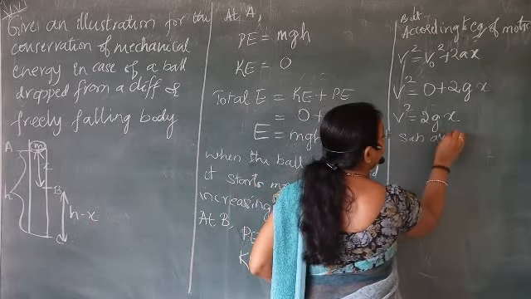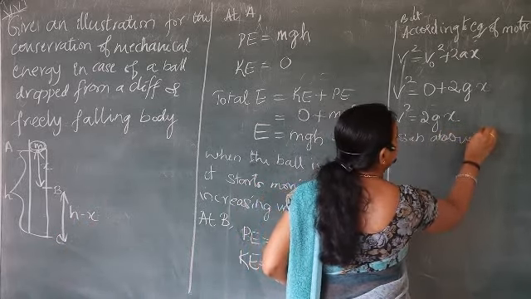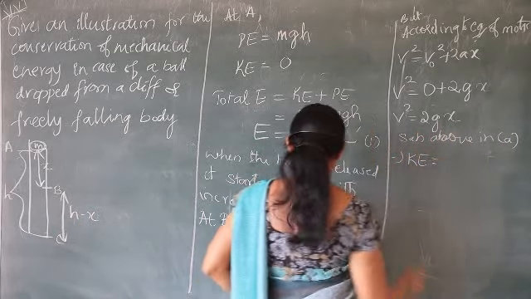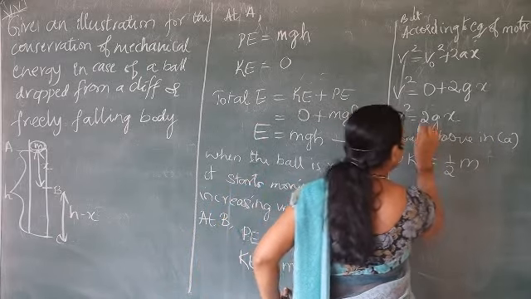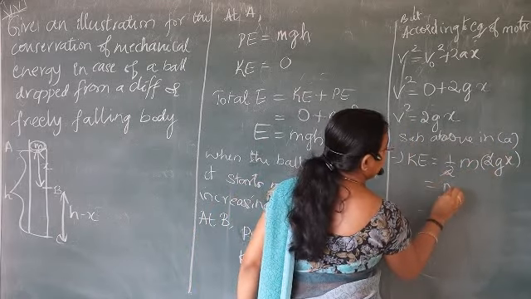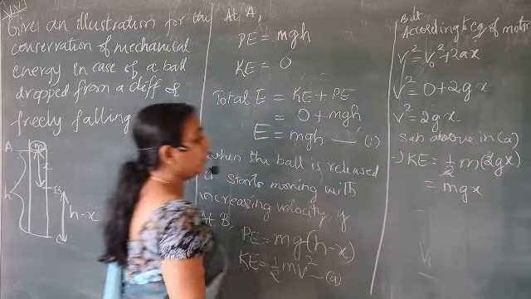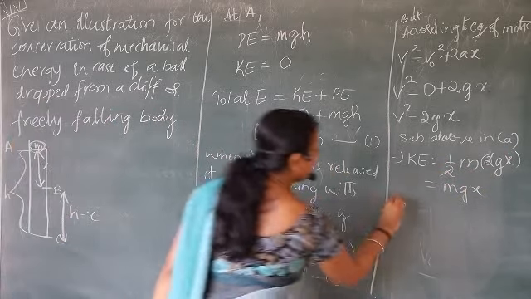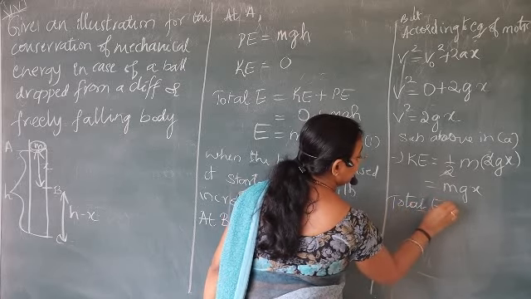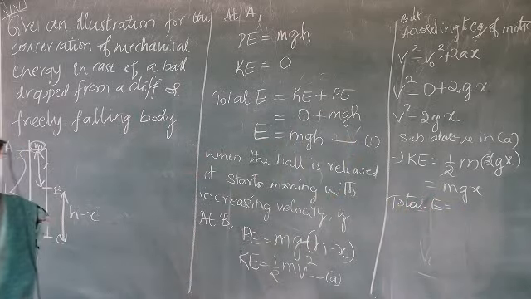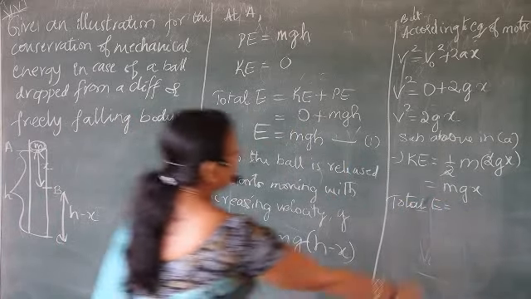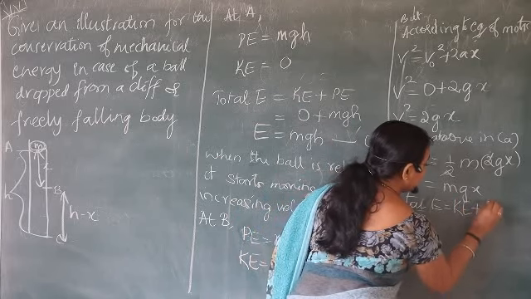Substitute the above in A. This implies kinetic energy is equal to half m times v square, that is 2gx. The 2 gets cancelled, so kinetic energy is mgx. Therefore, total energy at the point B is E is equal to kinetic energy plus potential energy.